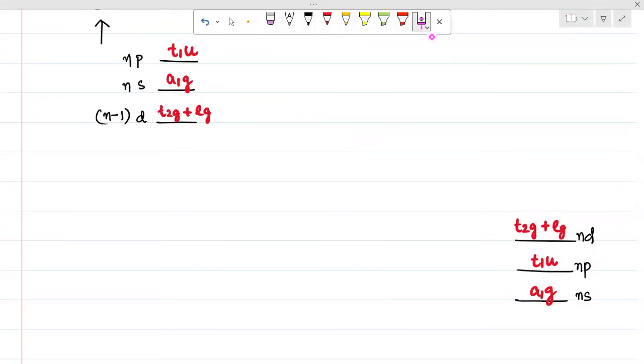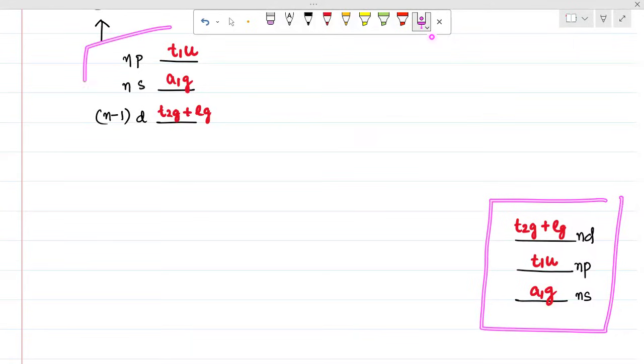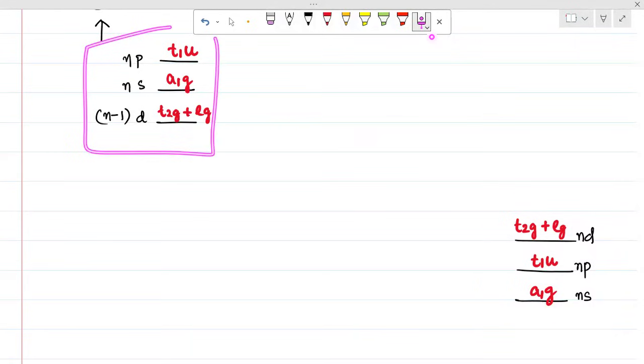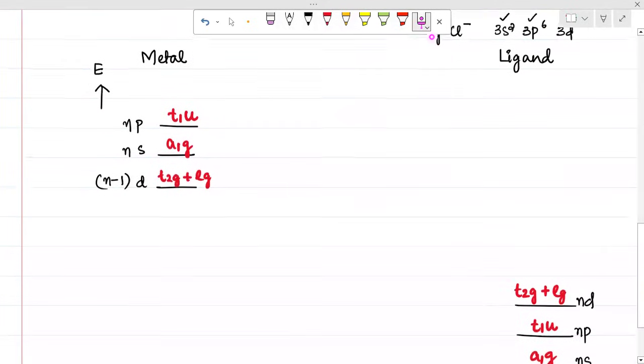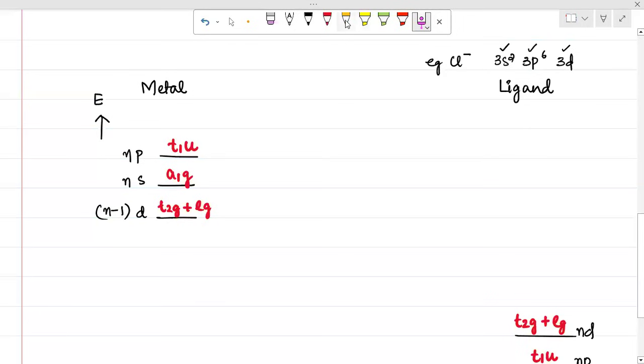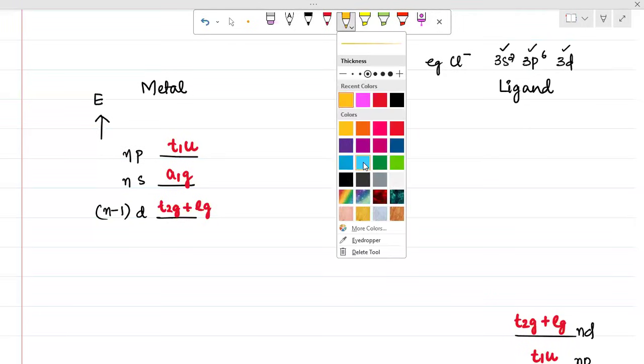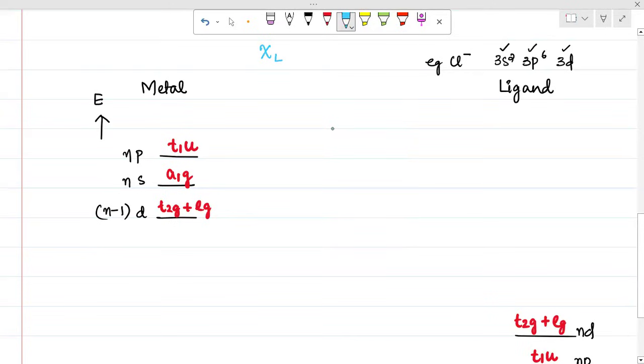Now, why have I positioned ligands over here and the metals over here? I drew the positions of the metal orbitals slightly higher than the positions of the ligand orbitals. Why is that so? That is because it is based on the electronegativity. The electronegativity of the ligand is always greater than the electronegativity of the metal.